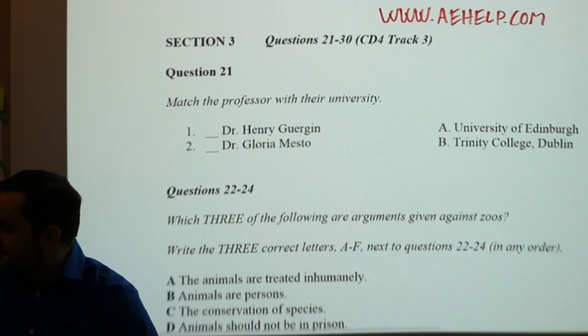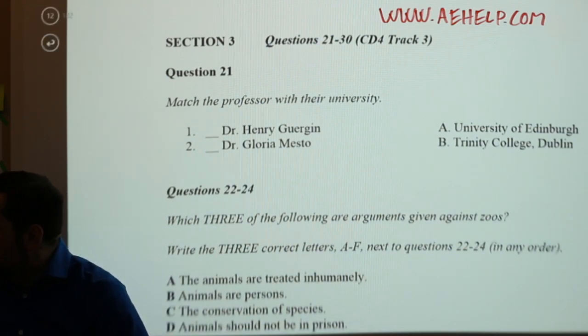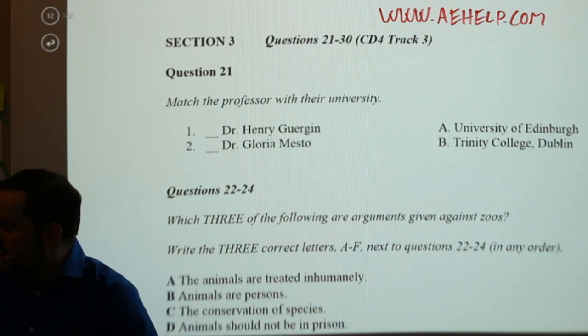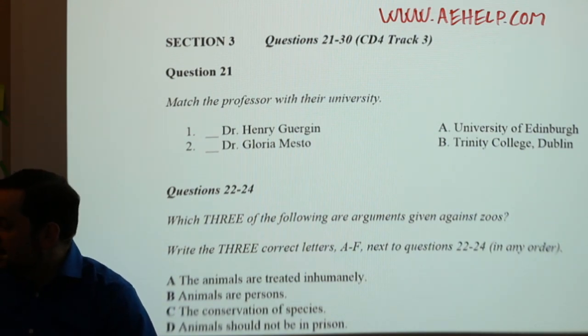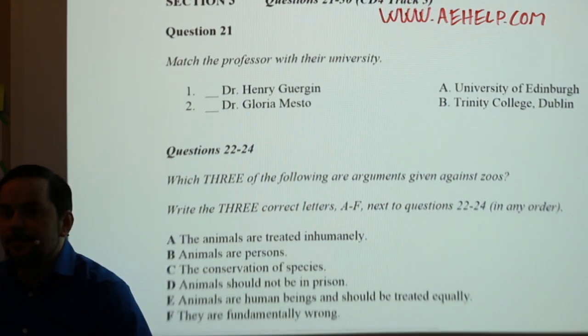So this is section 3, and we have some time, usually about 30 seconds, to look at these questions. That's not a lot of time, so please make sure that you practice these skills at home so that you can do them quickly during the IELTS, because you only have about 30 seconds to review the questions for each section.